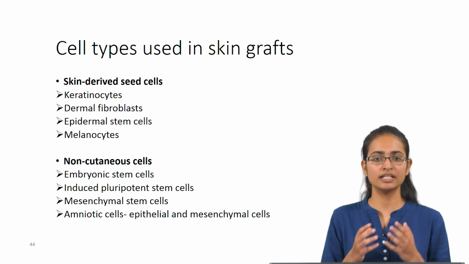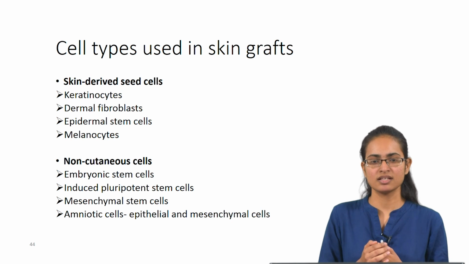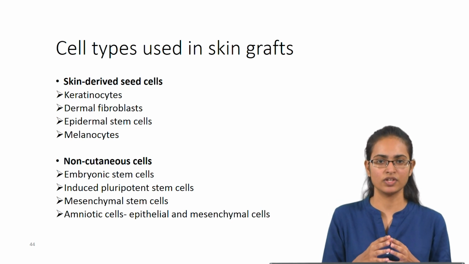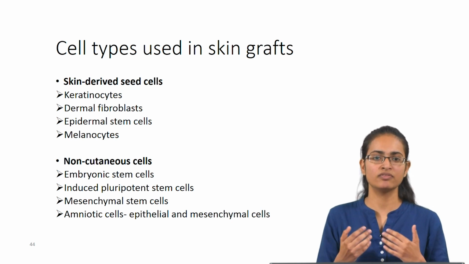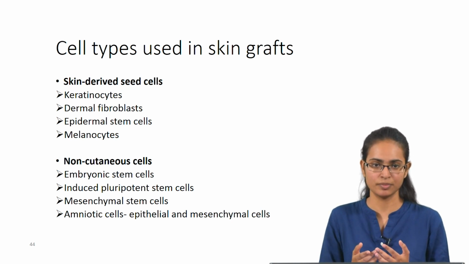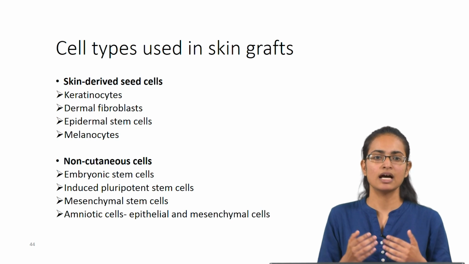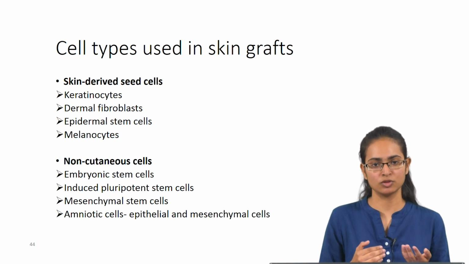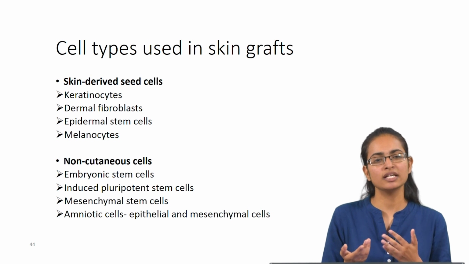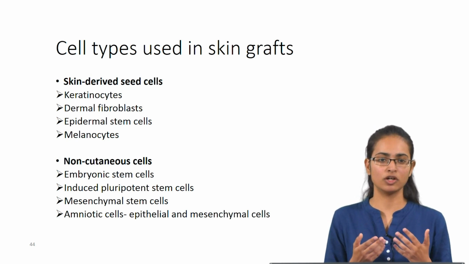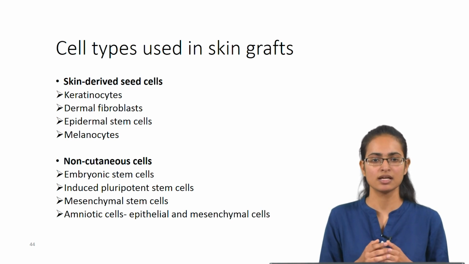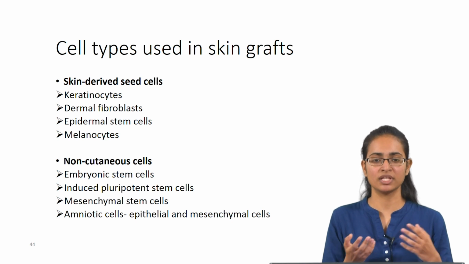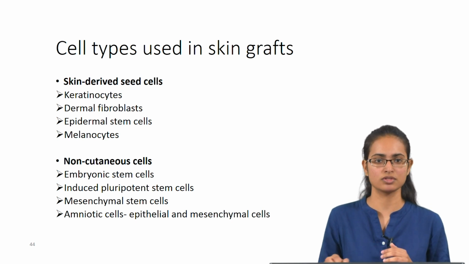They can be skin derived seed cells such as keratinocytes, which majorly occupy the epidermal layer, the dermal fibroblasts which lie in the dermis, the epidermal stem cells, and the melanocytes which provide pigment to the skin. Non-cutaneous cells such as embryonic stem cells, iPSCs, that is induced pluripotent stem cells, mesenchymal stem cells, and cells derived from the amnion have also been used.